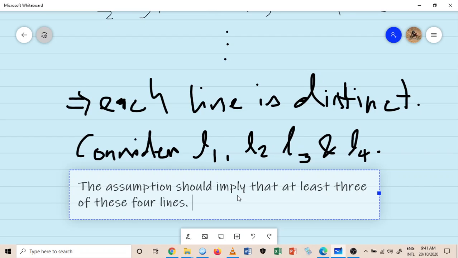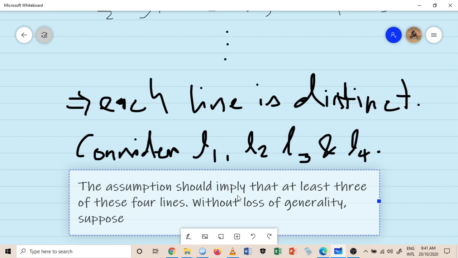In other words, we can just say without loss of generality, suppose L1, L2, and L3 are concurrent, because there are always 3 of these 4 which are concurrent based on the assumption.